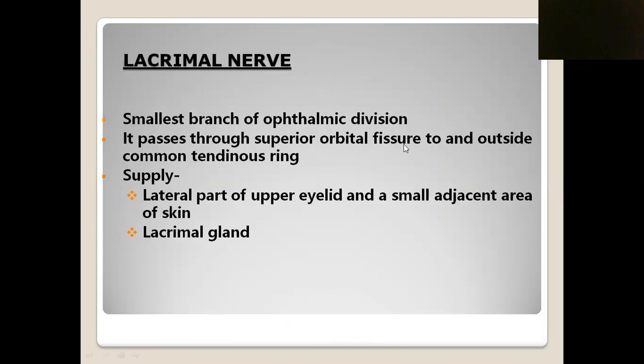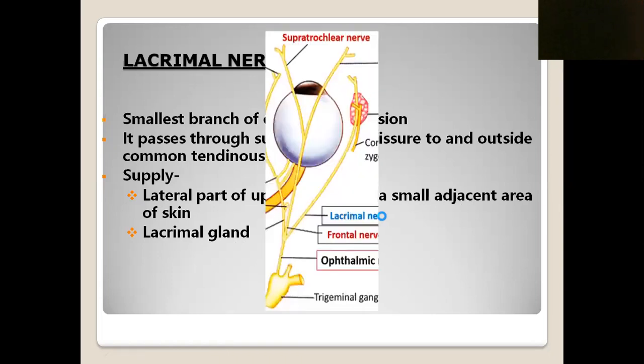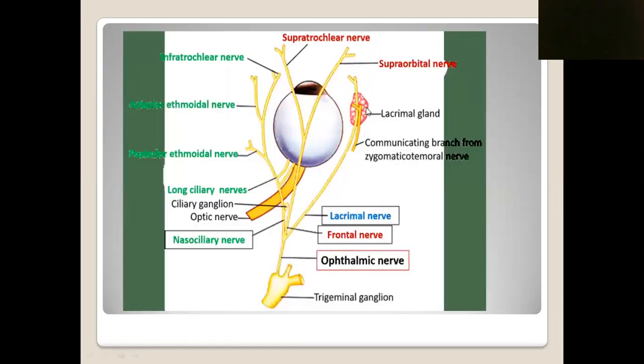It also reaches the orbit through the lateral part of the superior orbital fissure and supplies the lateral part of the upper eyelid and a small adjacent area of skin, and mainly the lacrimal gland. See, it supplies the lacrimal gland, then the lateral part of the eyelid and the skin around that area.